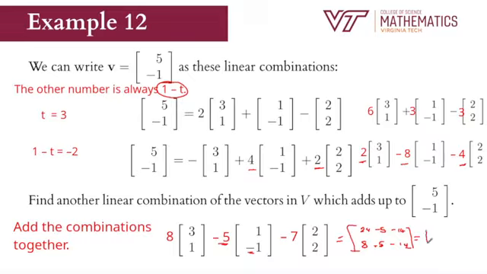So in the top row, we have 24 minus 5 is 19. 19 minus 14 is 5. In the bottom row, 8 plus 5 is 13. But 13 minus 14 is -1. And so that checks.